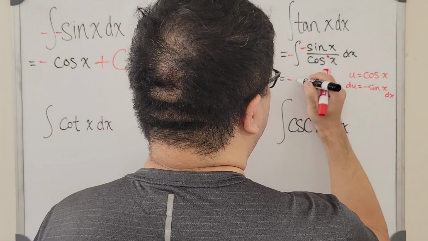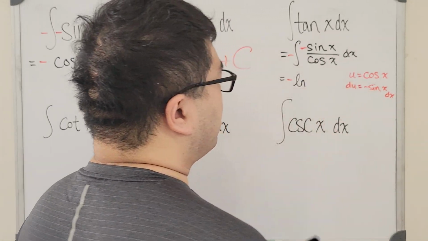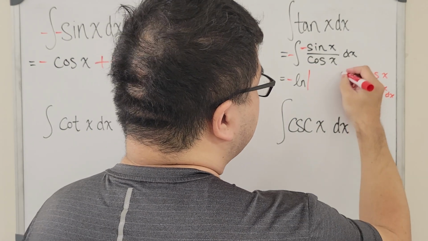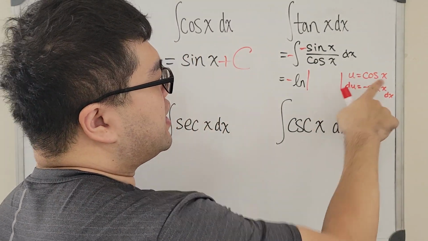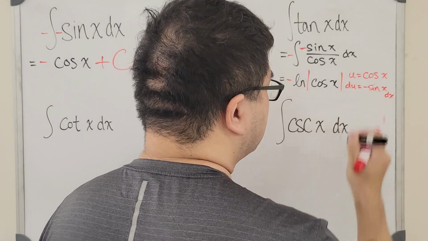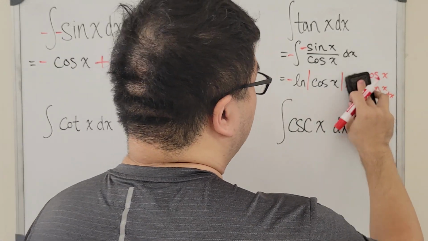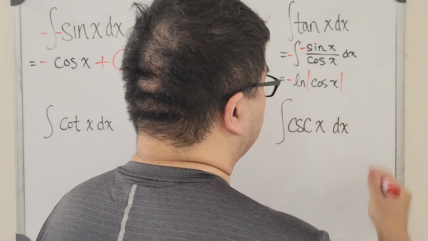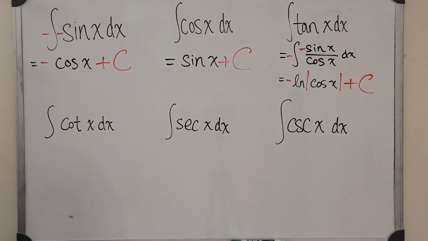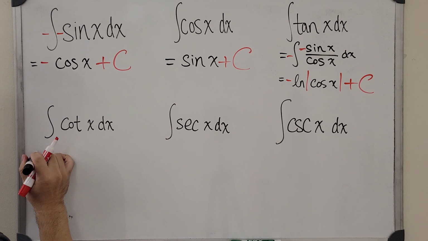So we have the natural log of the absolute value of u. But what is u? Again, by the substitution, we have cosine of x. And don't forget, when we finish it, we need to put the constant term plus c. That's it.